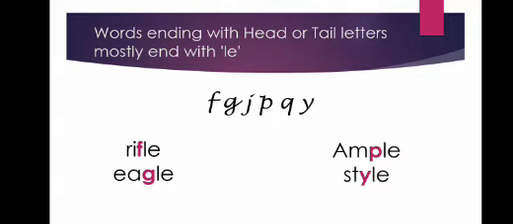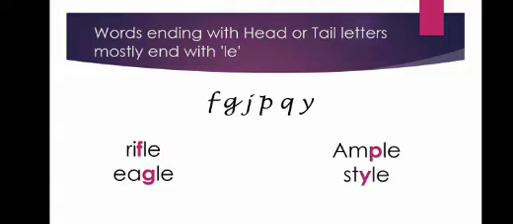Let's look at tail letters now. Words that have tail letters usually end with LE. Look at these letters F, G, J, P, Q, Y. These are all the tail letters that have some lines or curves at the bottom. The word rifle, F is a tail letter.